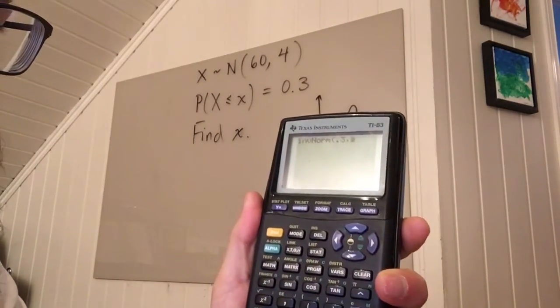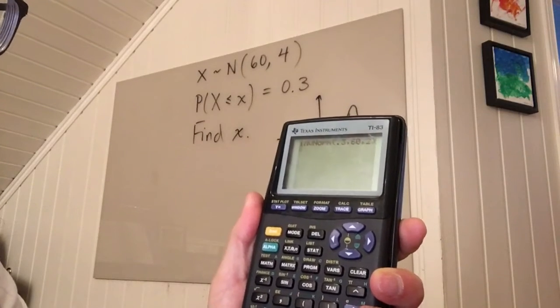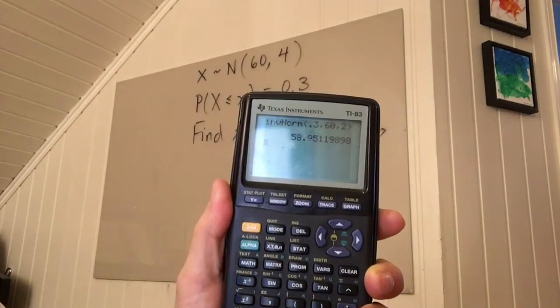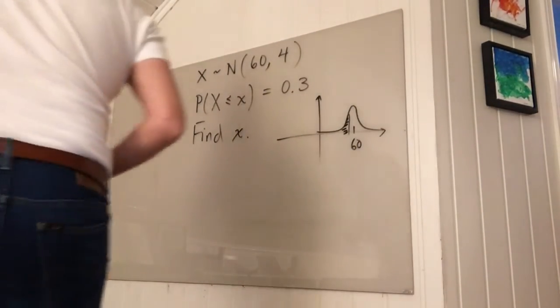So we give mu and sigma, and that gives us 58.95. And that's x.